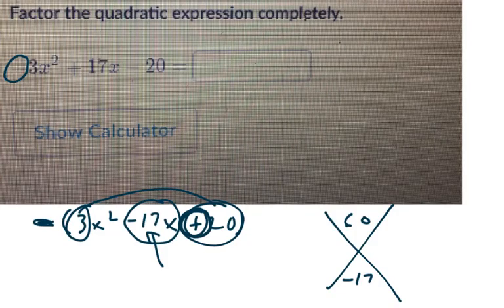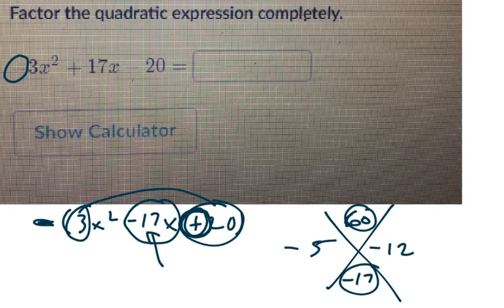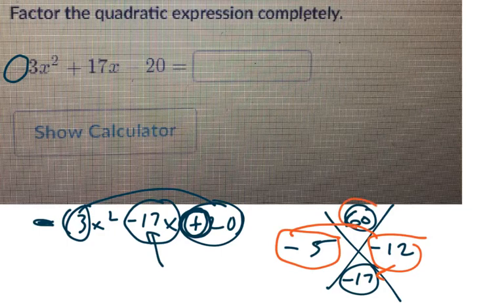Let's double check. If I do 5 times 12, which is 60, how do I get negative 17? I make them both negative. Does everyone agree that negative 5 and negative 12 is negative 17, and a negative times a negative is a positive? So my answer is x minus 5, x minus 12, but I need the 3, so I'm going to divide this one by 3 times that one by 3.